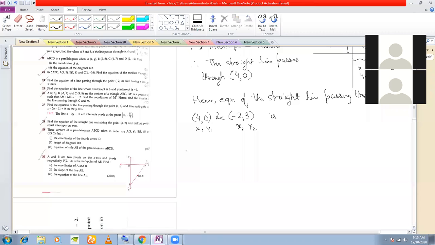It is y minus y1 is equal to y2 minus y1 by x2 minus x1 into x minus x1. So y minus y1, where y1 is 0, y2 is 3, y1 is 0. Again, x2 is minus 2, x1 is 4, into x minus x1. That's it.